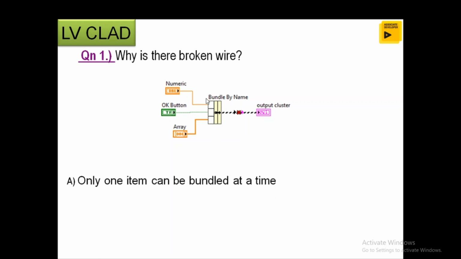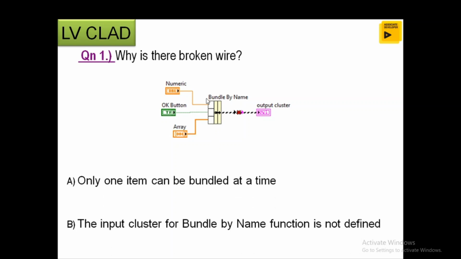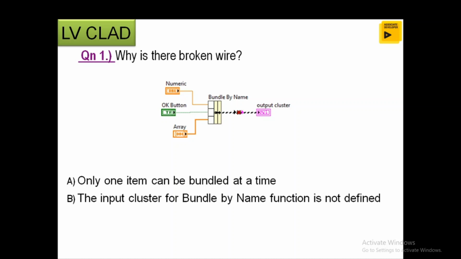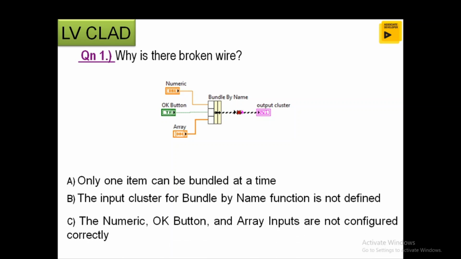Here those things are missing, so we can see the option "only one item can be bundled at a time." It's not a correct explanation, so option A is wrong. Option B, "input cluster for bundle by name function is not defined," will be the correct option, since you must provide the format of the cluster you are expecting.